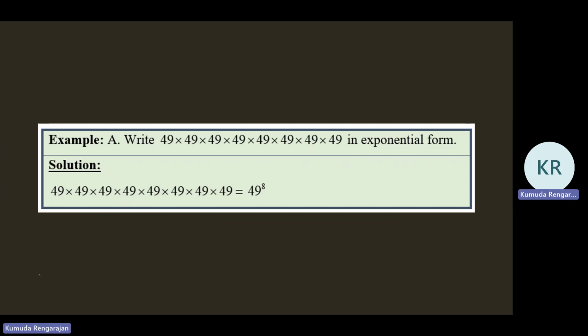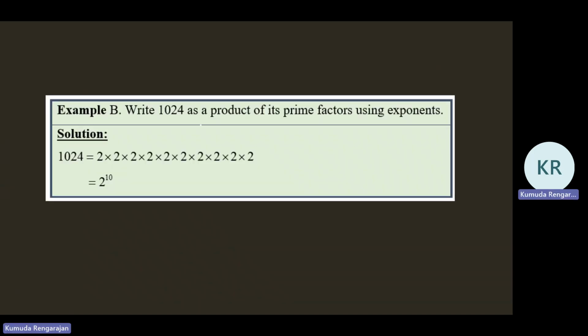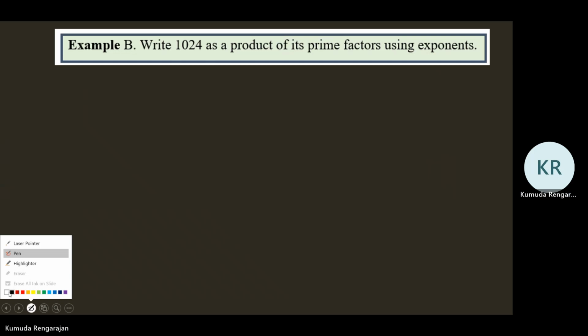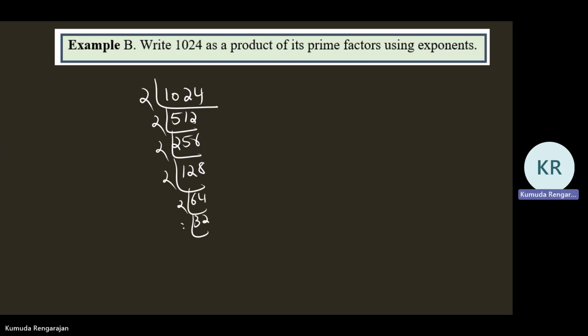Now, write 1024 as a product of its prime factors using exponents. All right, so you all know this procedure, right? 1024: 2 512 times, 2 256 times, 2 128, 2 64, 2 32, 2 16, 2 8, 2 4, 2 2, 2 1.